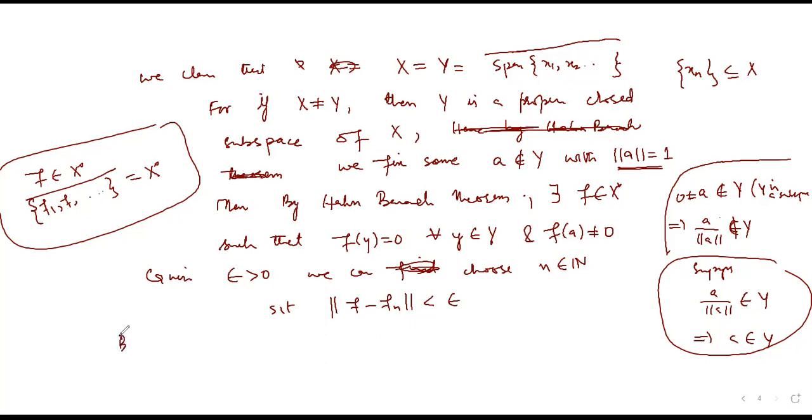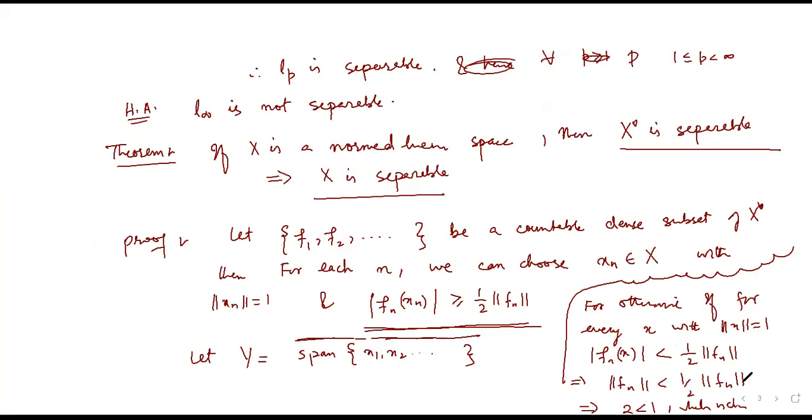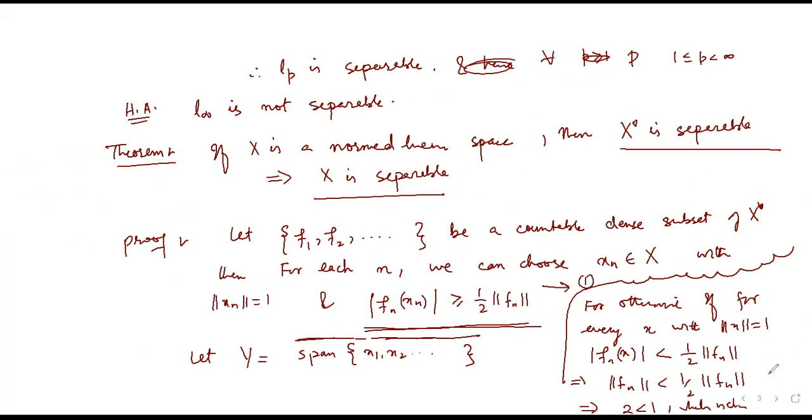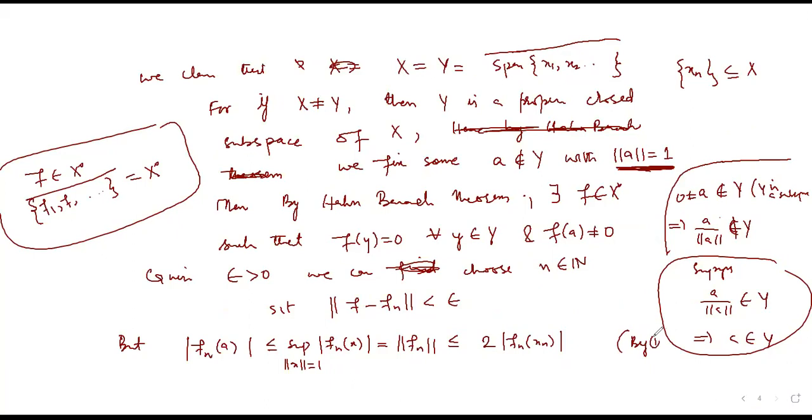Now if I want to evaluate fn at a, this is clearly less than or equal to the supremum over norm x equal to 1 of fn of x, because norm of a is equal to 1, which is the same thing as norm of fn, and by my choice fn is less than or equal to twice modulus of fn of xn. Let us call this equation 1.